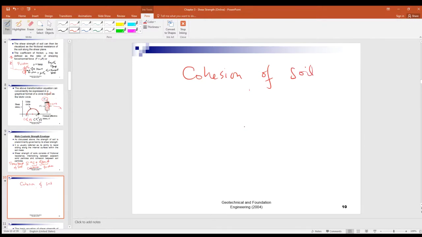Now what's that? Suppose these two particles here, you want to separate these two things apart, but they are sticking to each other.